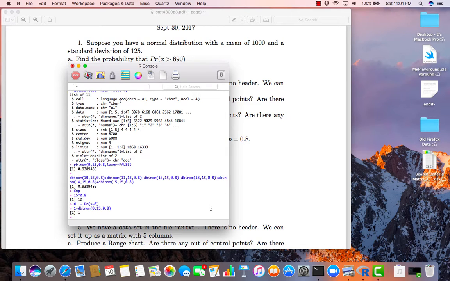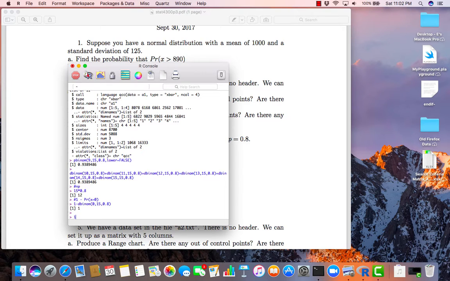We're going to do the same kind of thing we did in the binomial case. So we have 1 minus d. Now we have a different distribution. We have the Poisson. We're going to have 0, and then lambda equal 2.5.